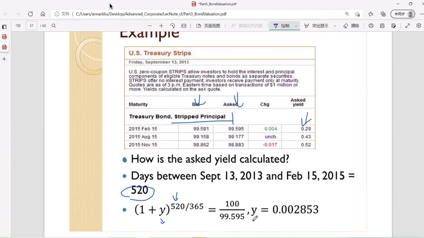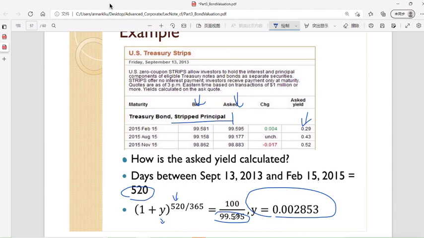That's the idea. And you use the ask price to get it here. So you get the price, you get the interest rate. So again, here we have a one-to-one mapping between the quoted price of the bond and the interest rate.